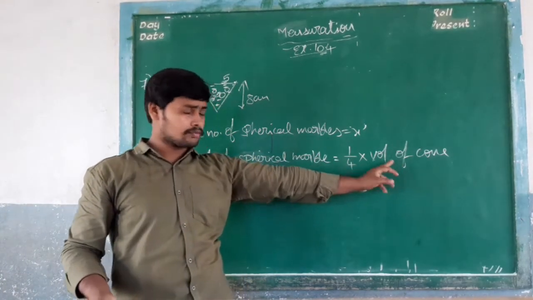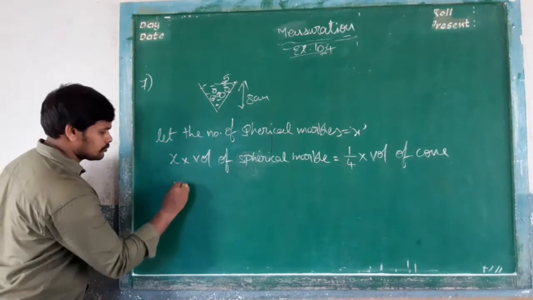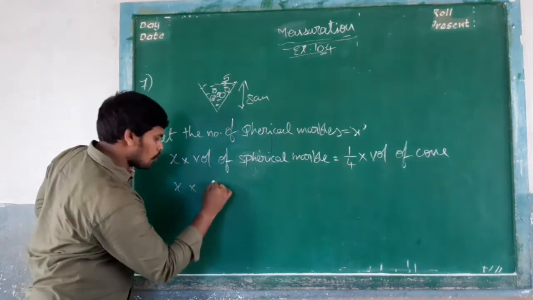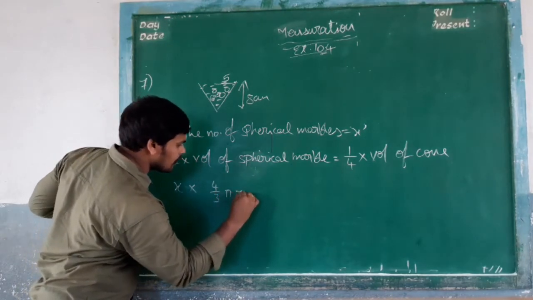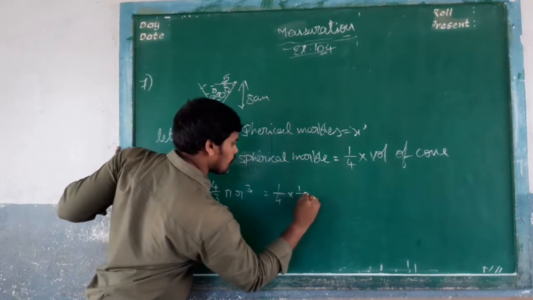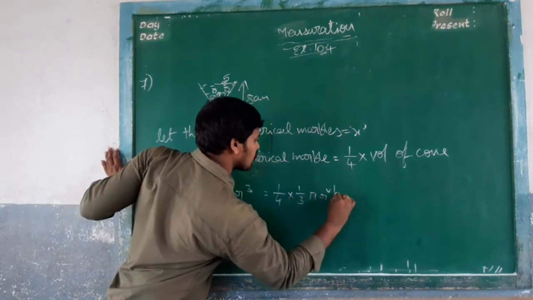What is the volume of the sphere formula? 4/3 pi r cubed. And the volume of the cone is 1/3 pi r squared h.